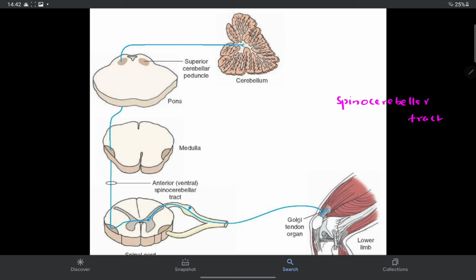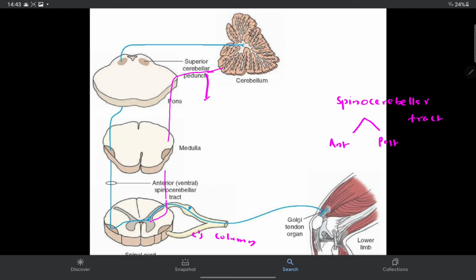So now the spinocerebellar tracts, we have the anterior as well as the posterior spinocerebellar tract. You can see this is a first order neuron which takes the sensation and relays in Clarke's column, and then the second order neuron.